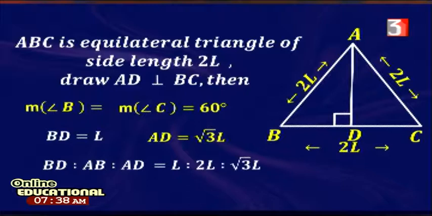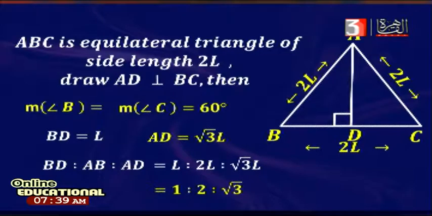Then, to find a ratio between BD, AB, and AD, the three sides of the right angle triangle, you are going to notice that they will be L ratio 2L, which is the hypotenuse, ratio root 3 L, which is the length of AD. So by dividing the three parts of this ratio by L, you are going to notice that the ratio will be 1 ratio 2 ratio root 3.